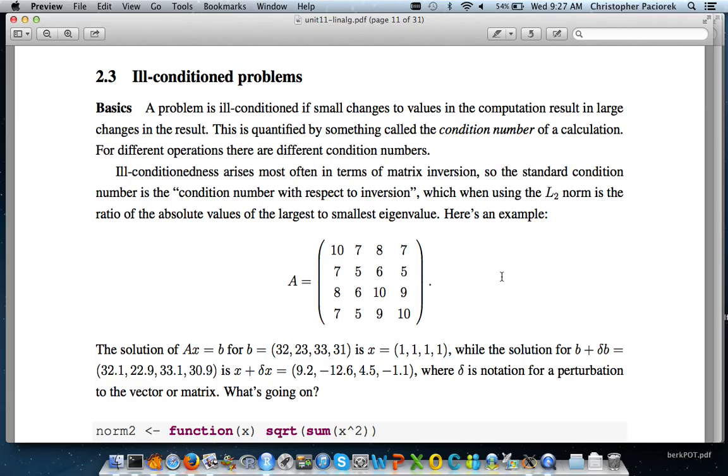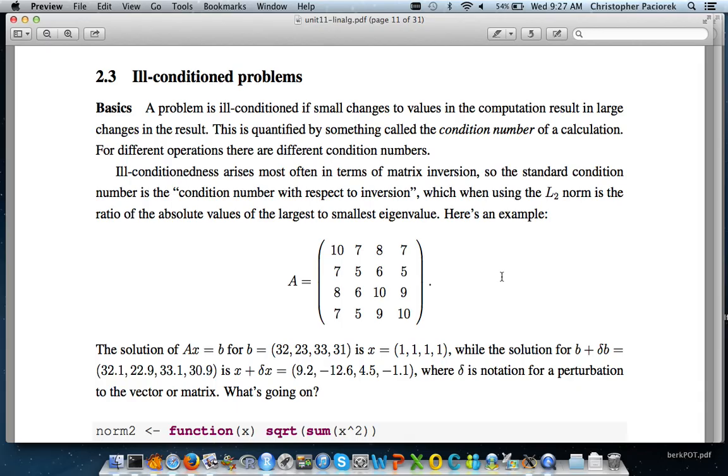One way that numerical analysts quantify this is by the condition number of particular calculations. Oftentimes we're going to be doing calculations that are basically matrix inverses and solving systems of equations. So the main condition number we're going to think about is the condition number of calculations that look like that.